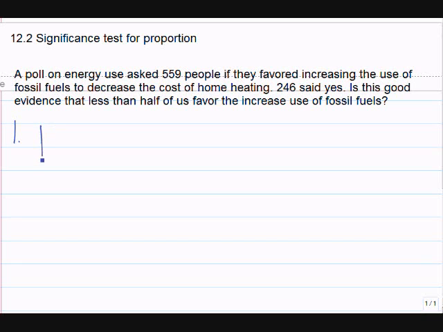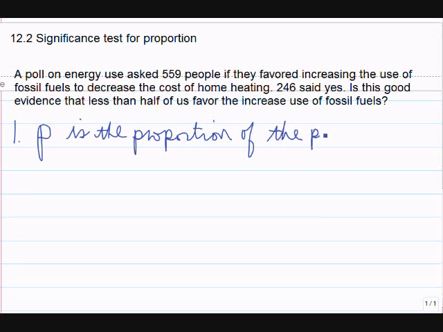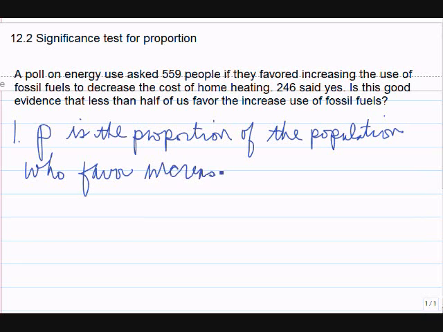Our parameter is going to be P, and that P is the proportion of the population. I don't know what the population is here. I guess people in San Mateo County who favor increasing the use of fossil fuels.